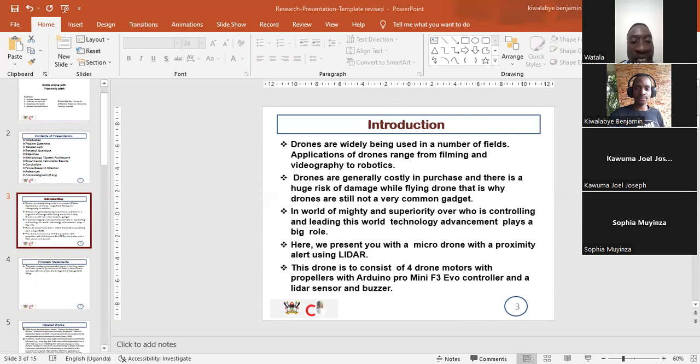Therefore, these components will interact with each other so that the drone can operate successfully. Let's go to the next slide.